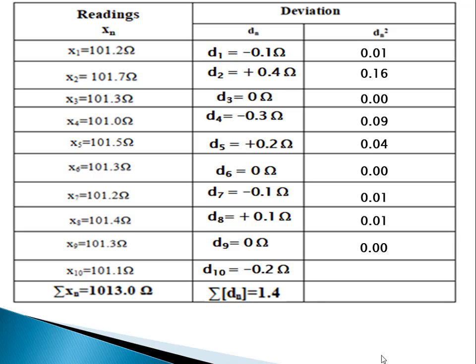And d9 is 0.00. Now, last value, that is d10 squared value is 0.04. After summation of dn square, the value becomes 0.36. That means we should add all the squared values of deviation and get the answer as 0.36.